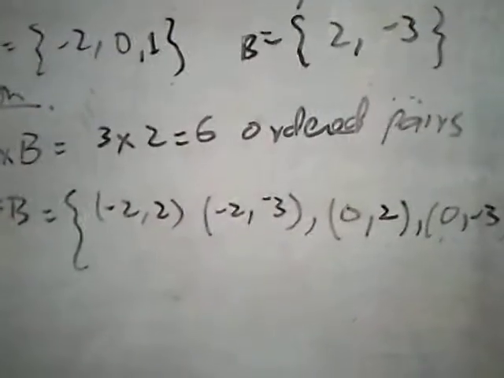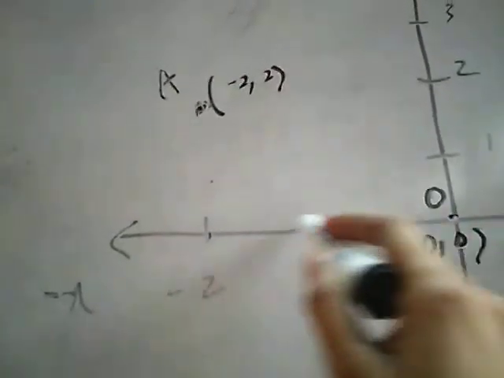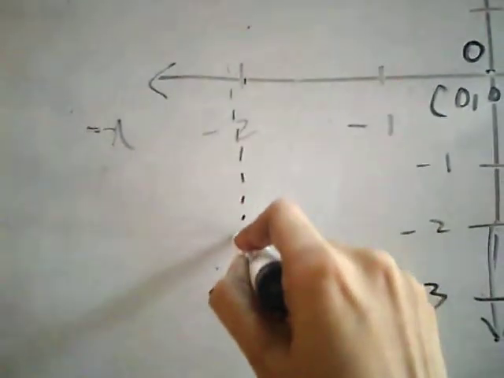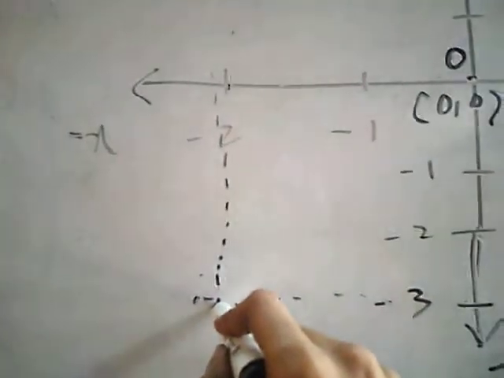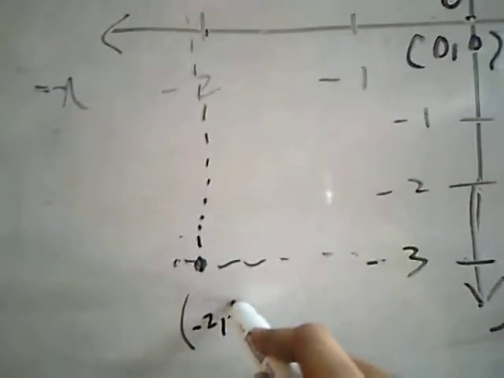Now mapping another ordered pair -2 and -3, again on the x-axis -2, on the y-axis it is -3, moving downward by 3 units. This is -2 and -3.